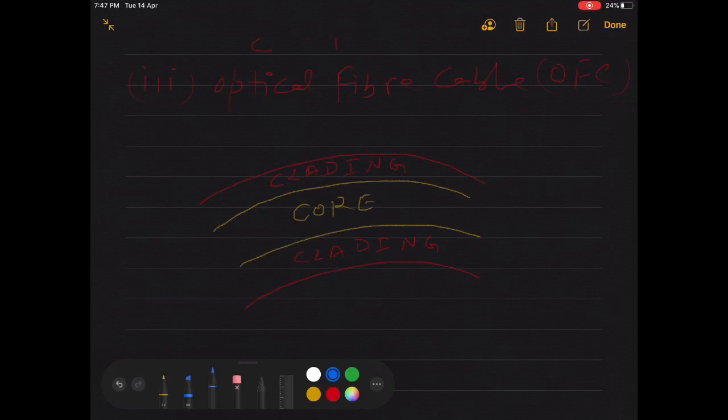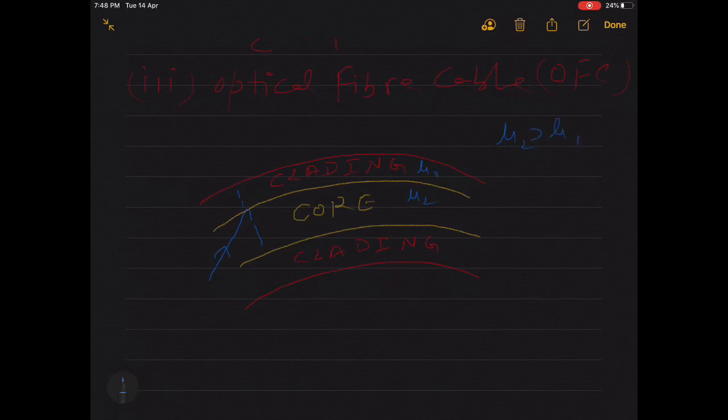The optical signal which is to be transmitted through this optical cable is allowed to be incident on the interface of core to cladding. The refractive index of core is mu2 and refractive index of cladding is mu1, such that mu2 is greater than mu1. Since the ray is entering from denser to rarer medium, so the first condition is satisfied for TIR.